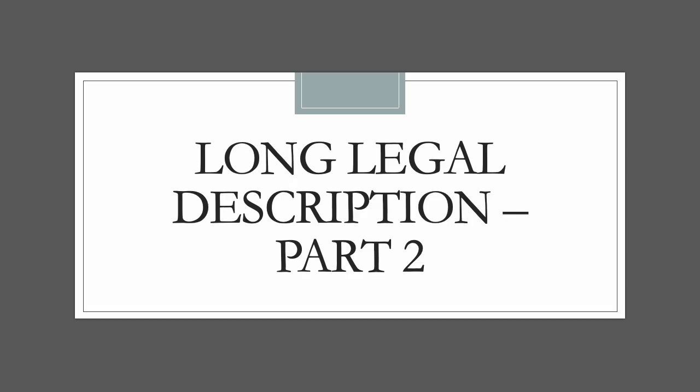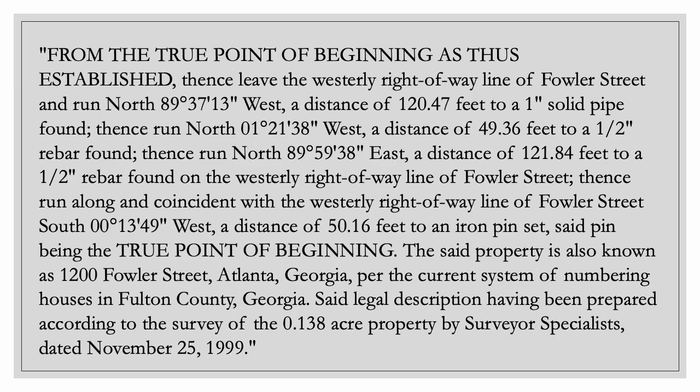Now, part 2 of the sample long legal description continues from the true point of beginning and traces the property boundaries. That would be from the true point of beginning as thus established, thence leave the westerly right-of-way line of Fowler Street and run north 89 degrees, 37 minutes, 13 seconds west, a distance of 120.47 feet to a 1-inch solid pipe found.